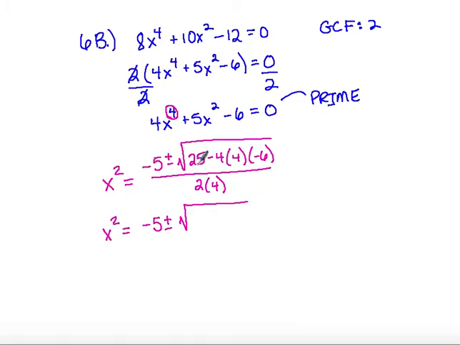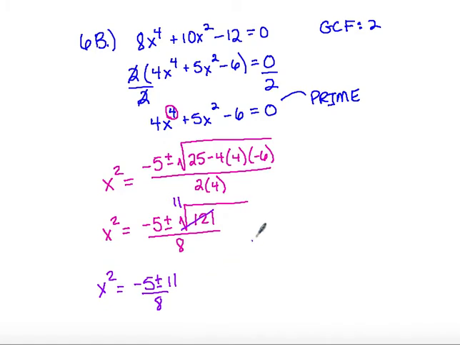If I take 25 minus 4 times negative 6, that gives me a positive 121 over 8. Now, the square root of 121 simply is 11. So that's going to give me x squared is equal to negative 5 plus or minus 11 over 8.